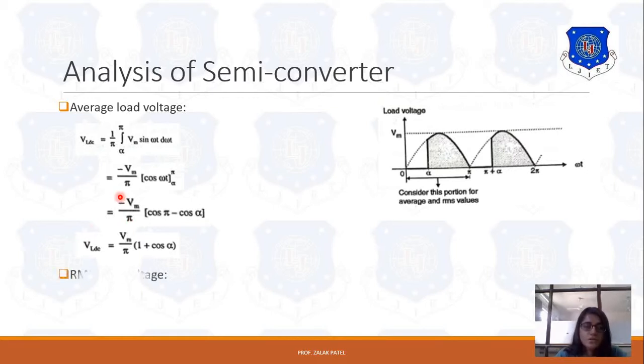Now if we want to calculate the root mean square value of load voltage, it will be like this: VL RMS is equal to 1 upon pi, integration from alpha to pi, Vm sin omega t. Here the root mean square value is taken, that's why we square the voltage: Vm square sin square omega t, raised to 1 by 2.